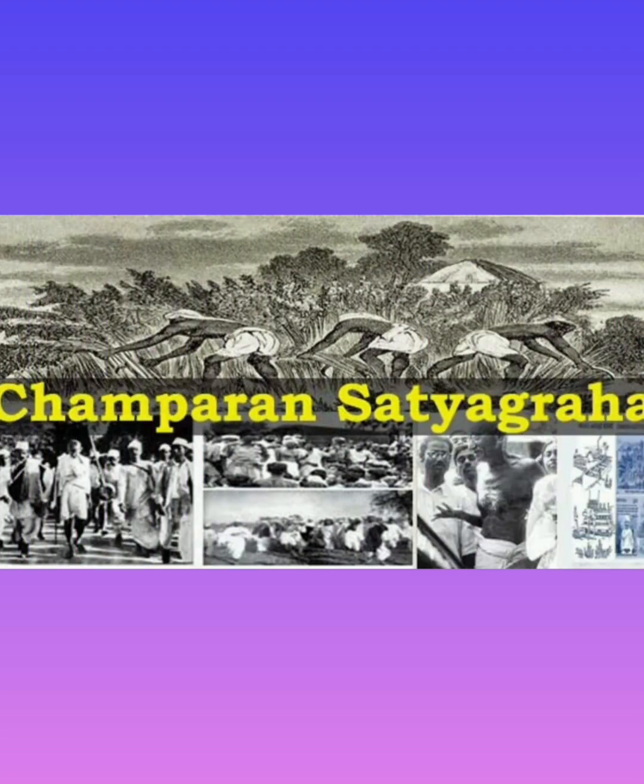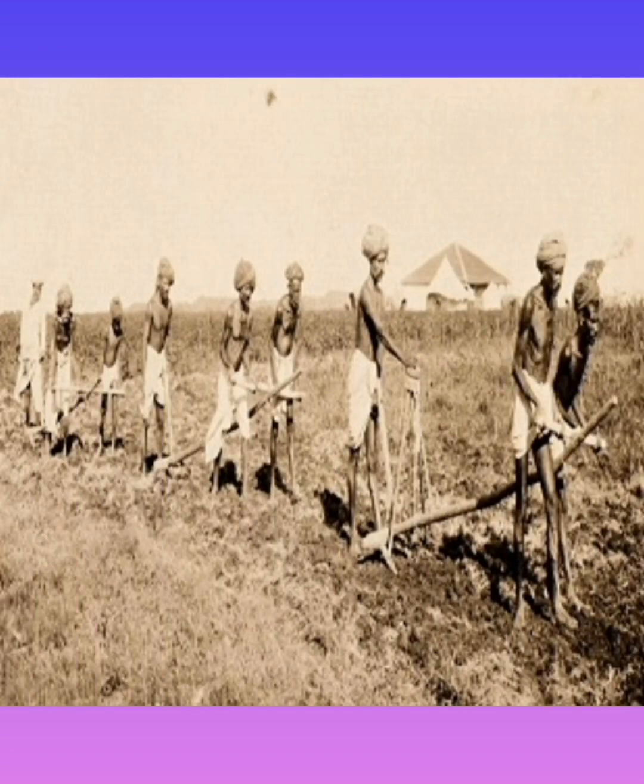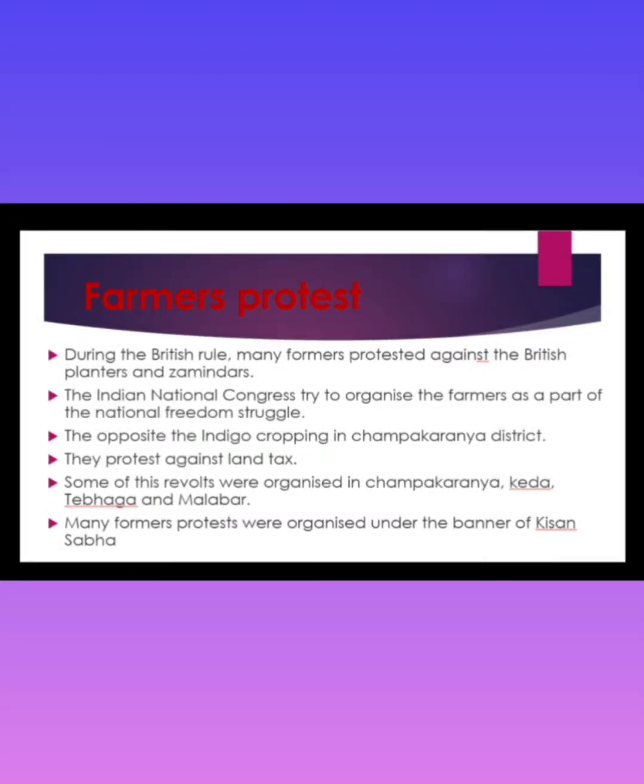The Indian National Congress tried to organize the farmers as a part of the national freedom struggle. Gandhiji's influence was visible in activities in Champaran, Kheda, and other places. Farmers of Tebhaga, Malabar, and other places revolted against the British and zamindars under the influence of the Congress.